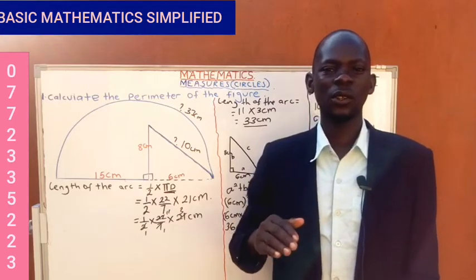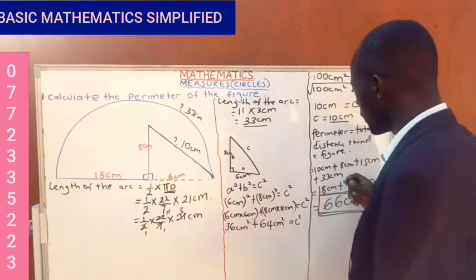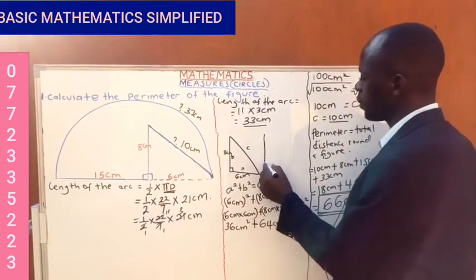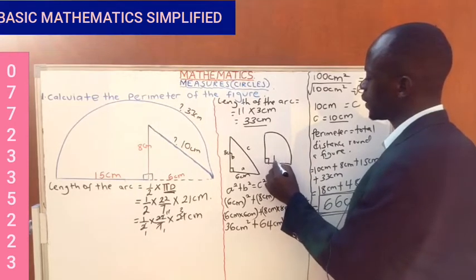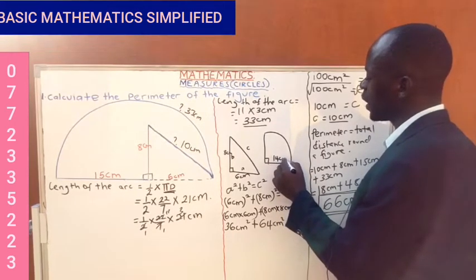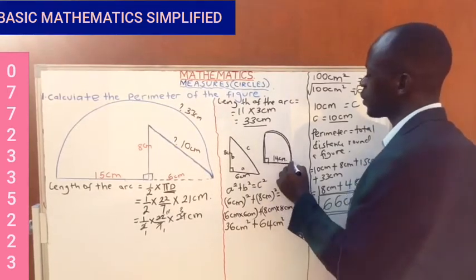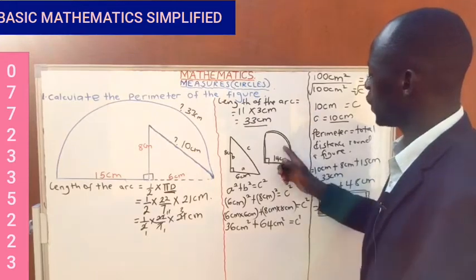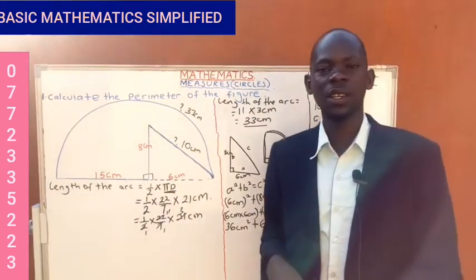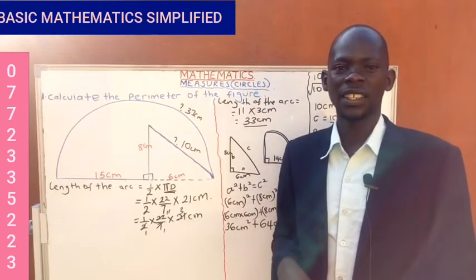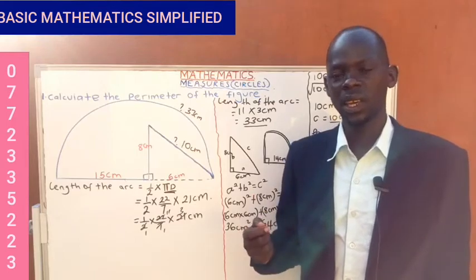Just calculate it. I told you, a quadrant, this is how you are going to draw a quadrant. I've already given you how it must look. This is how I want you to draw it. So I want the perimeter of this quadrant here. Remember, perimeter is the distance around a given figure. The distance around a given figure is what defines the perimeter.